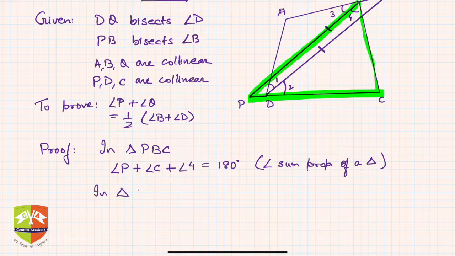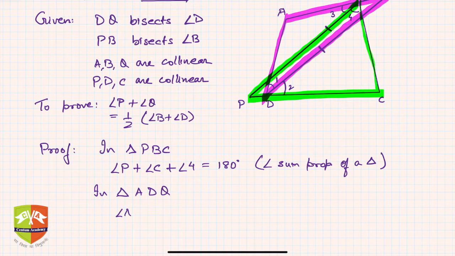Similarly in triangle ADQ, let me highlight that triangle. I can't write angle D actually, so let me write angle 1 here. So angle 1 plus angle A plus angle Q is again 180 degrees.